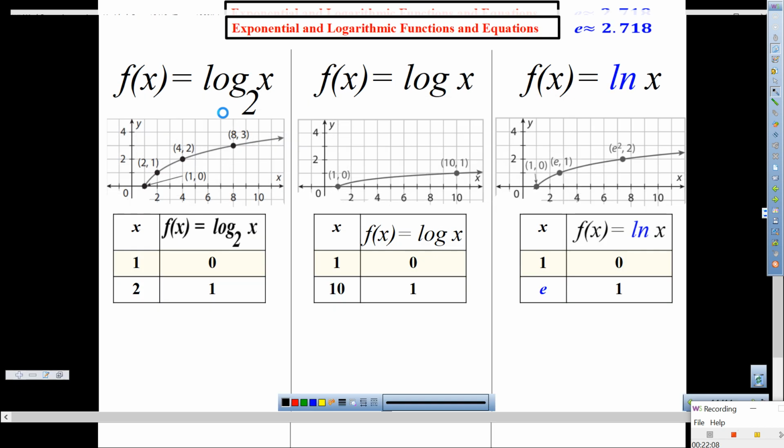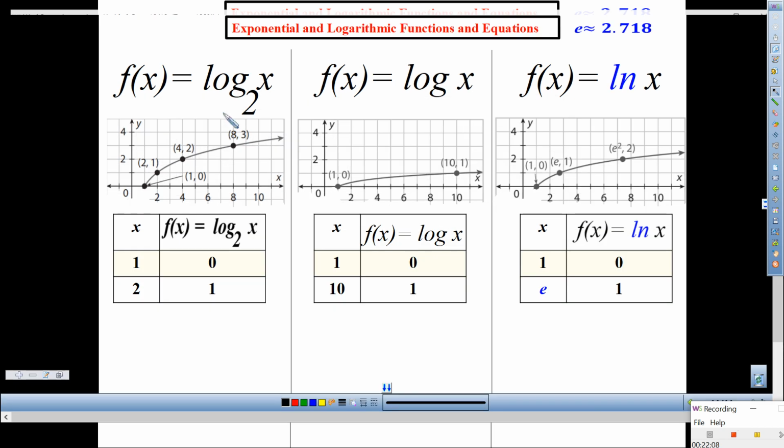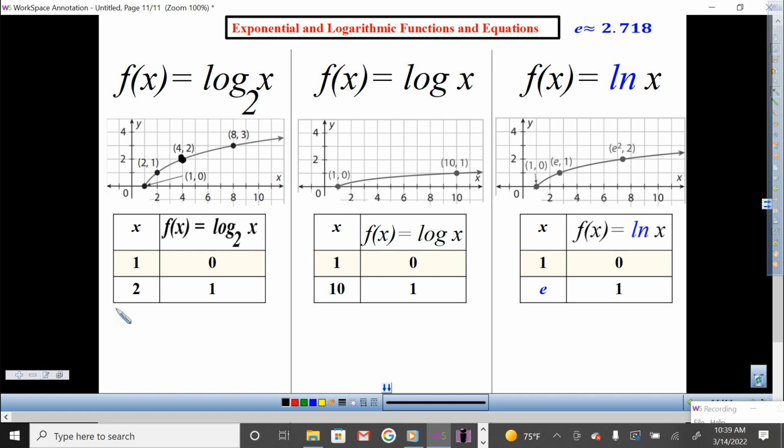All right, let's see. For the first one, guys, and by the way, all these are parent functions. All of them are parent functions at the parent graph. For the first one, I'm going to add, check this out. How many points do we have here? 1, 2, 3, 4. So they gave you 1 and 2, which are here. I'm going to add one more, add that right there, please, 4, 2.